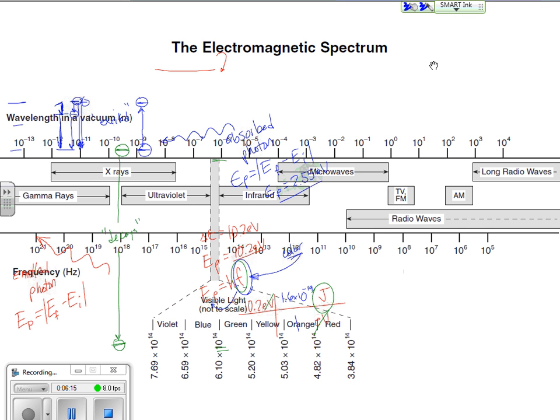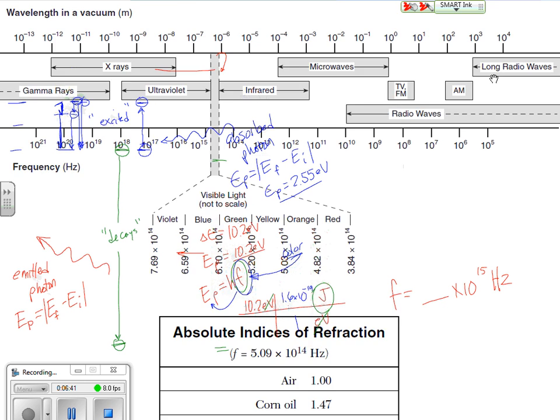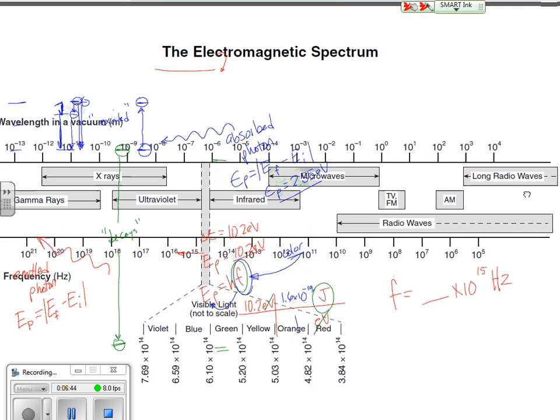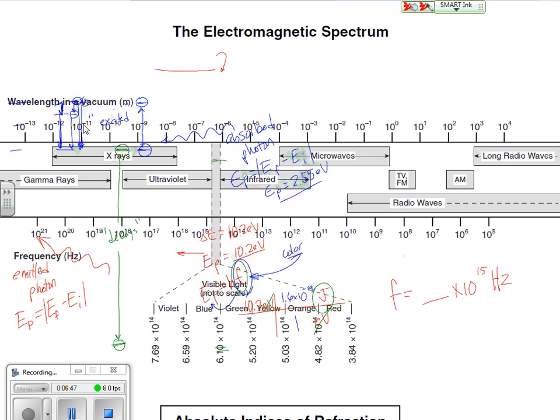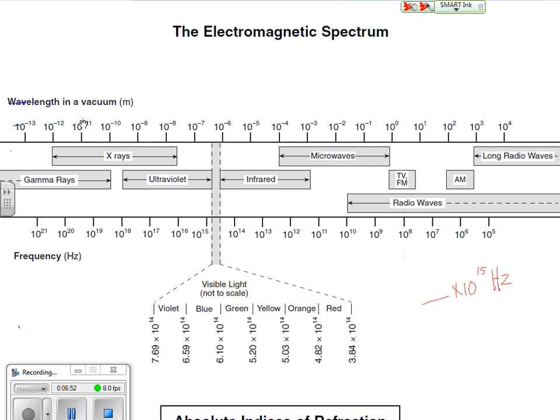Let's say this frequency comes out to something times 10 to the 15th hertz.